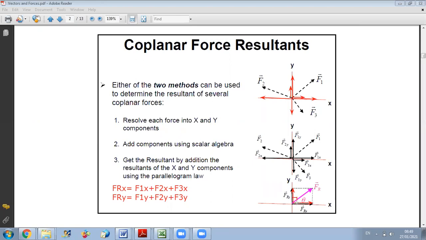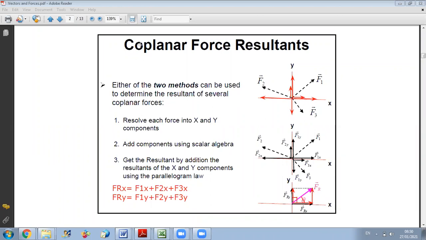So we can calculate the resultant force from the Pythagorean theorem: FR is the square root of FRx squared plus FRy squared. And how do we find the angle theta? What can I write? Tangent inverse, yes, exactly. It's tangent inverse of FRy over FRx.